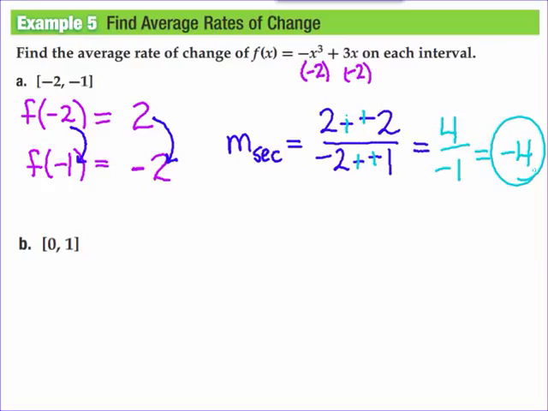So we're going to go through this on letter B again. B is the point 0, 1. So I'm going to do f of 0 and f of 1. What is f of 0? 0. What is f of 1? 2. Okay.